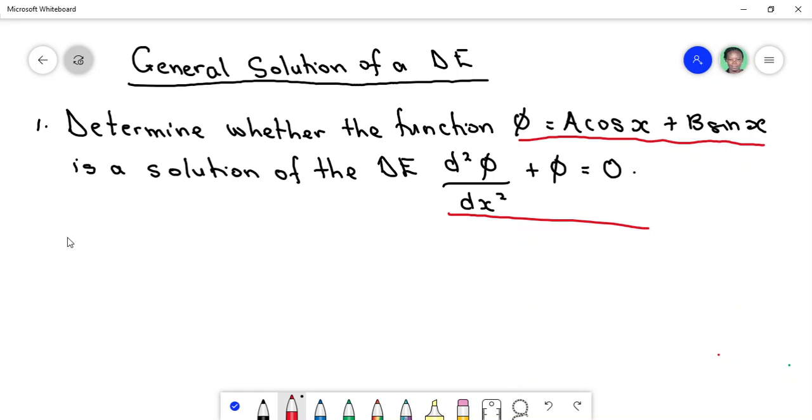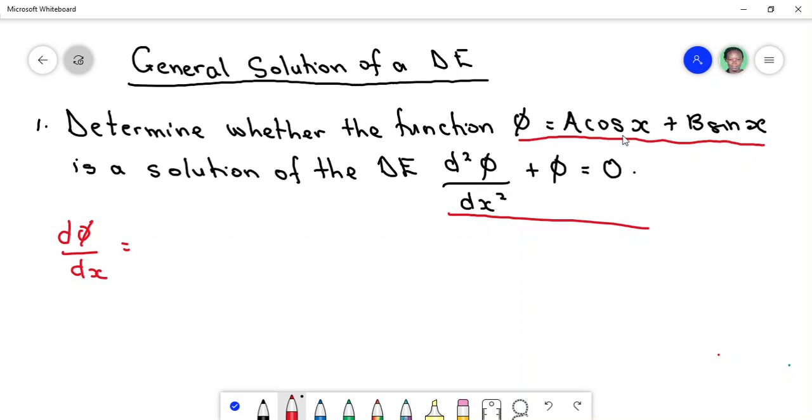So we first have to find the first derivative, dphi over dx. This is our function, so we differentiate with respect to x. If I differentiate this side, a is a constant.